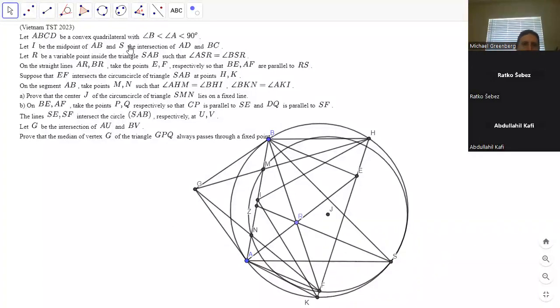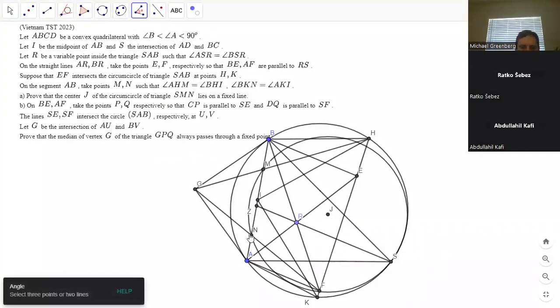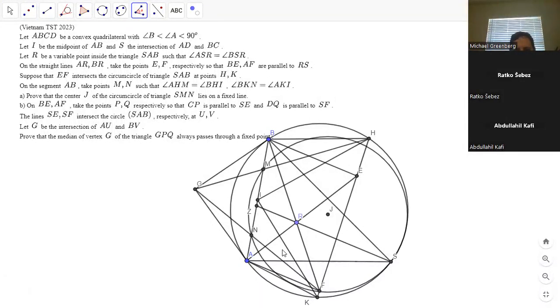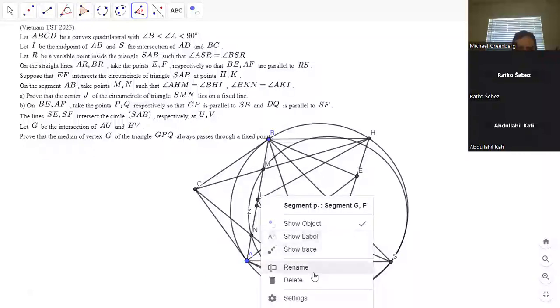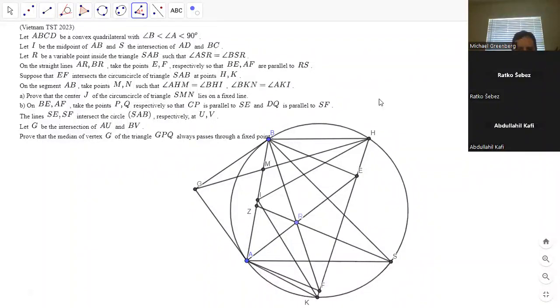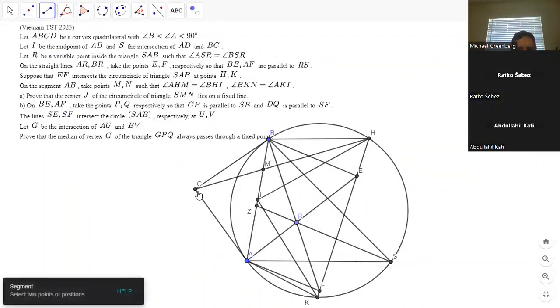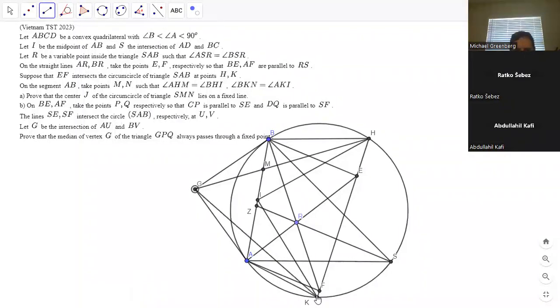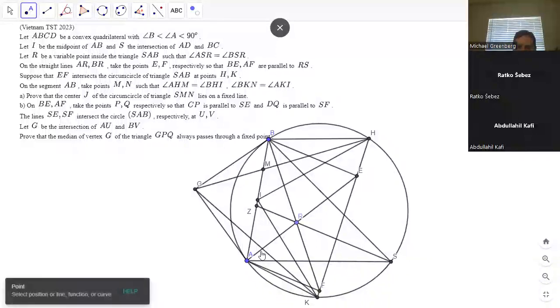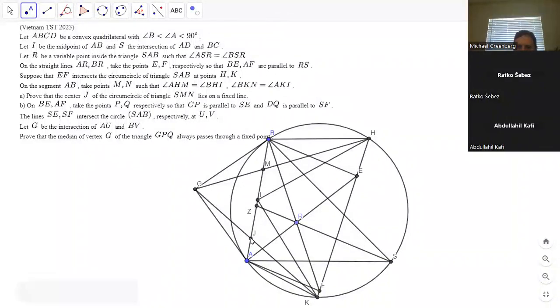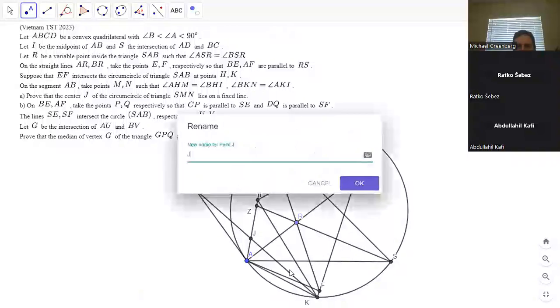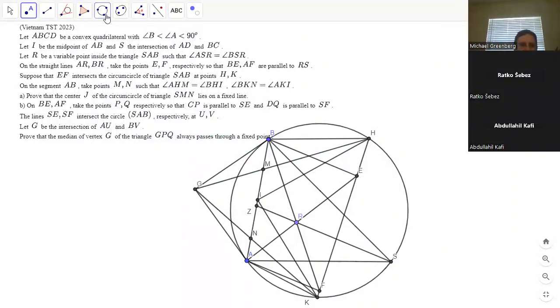Are you sure N is wrong? Yeah, N is on GK, not GF. Oh. And that should fix it. All right, good catch, Abdul Heel. So this is N. And now it should be on a line.